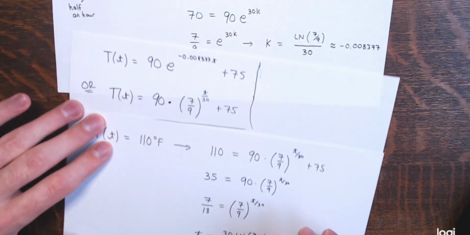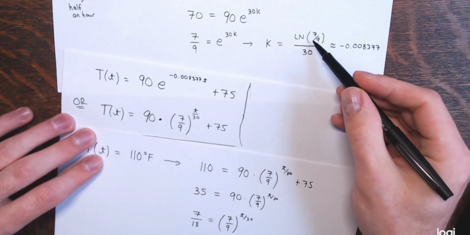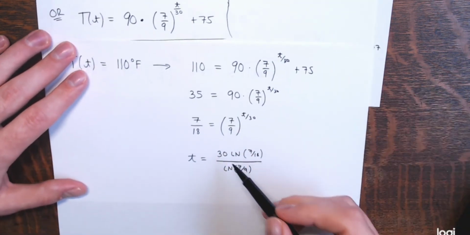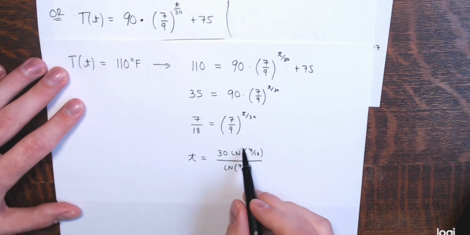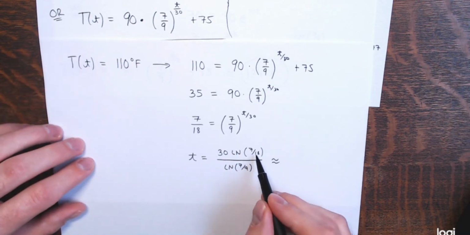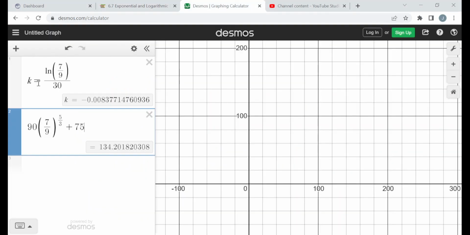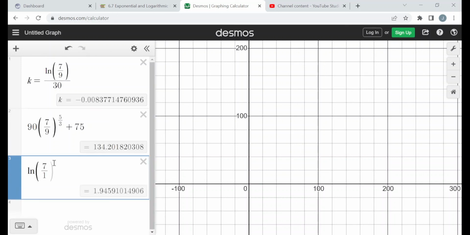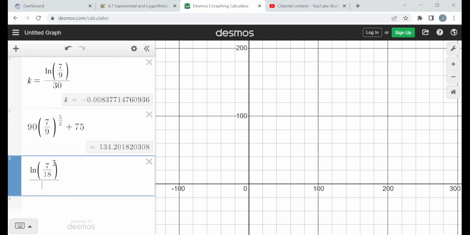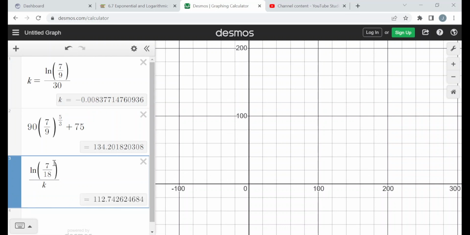Because k was the natural log of 7/9 divided by 30. If I divide by that, you'll flip it. So I'm just taking the natural log of 7/18 and dividing by k back in the calculator. I already called k a certain value up here. So 112, 113 minutes if I'm rounding to the nearest minute.